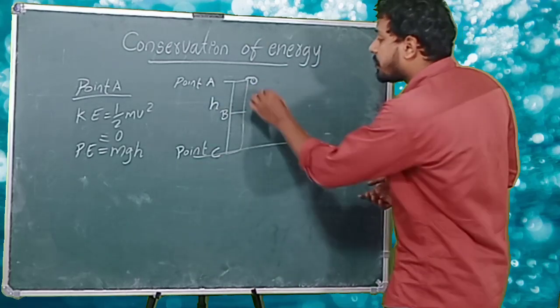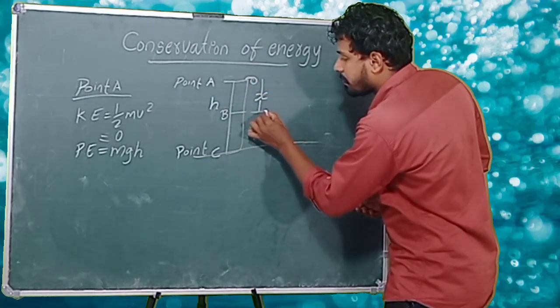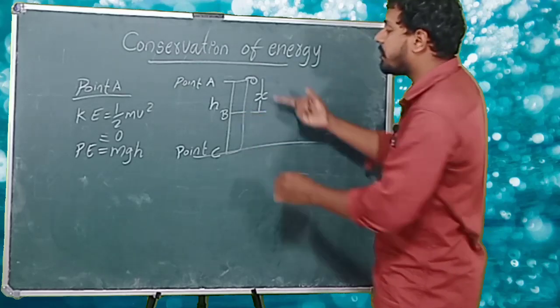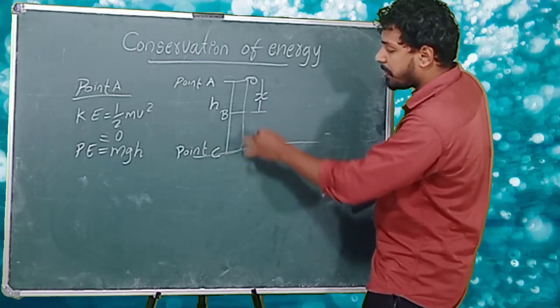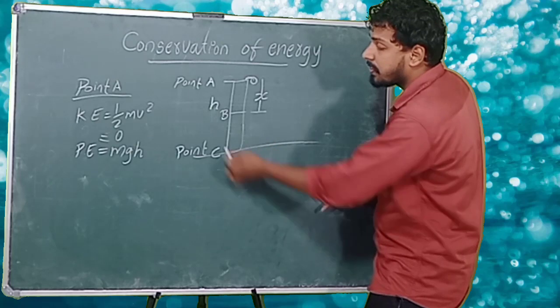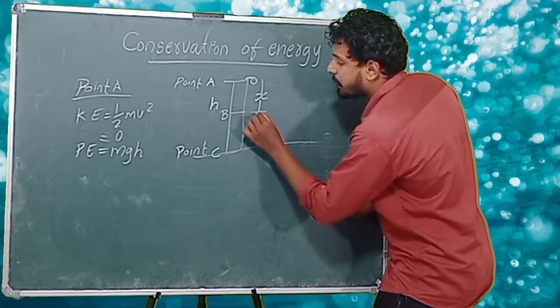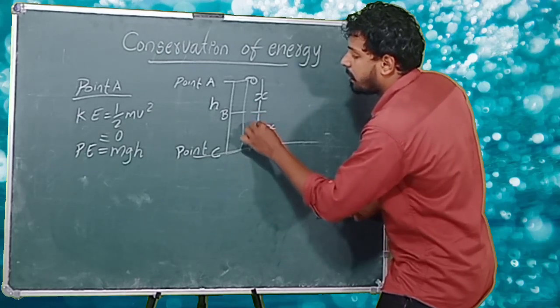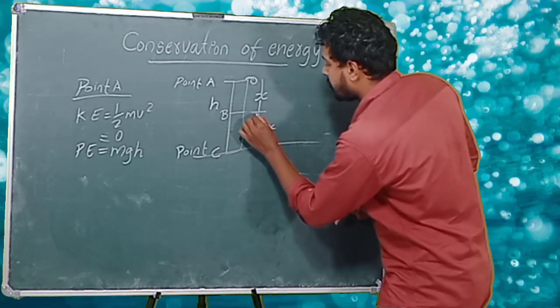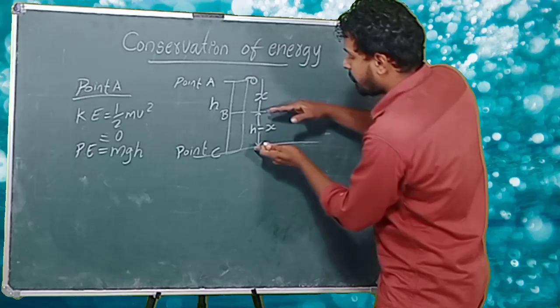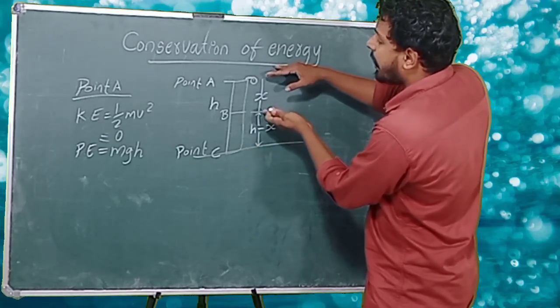We are considering this distance is x. Then the remaining distance is h minus x. This is h minus x. This is x.